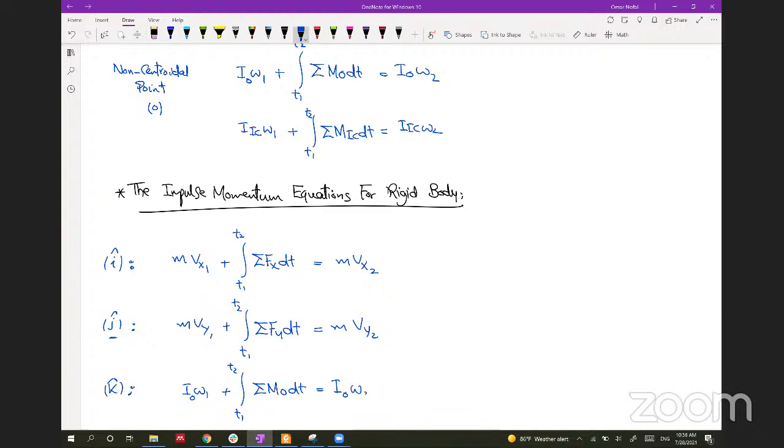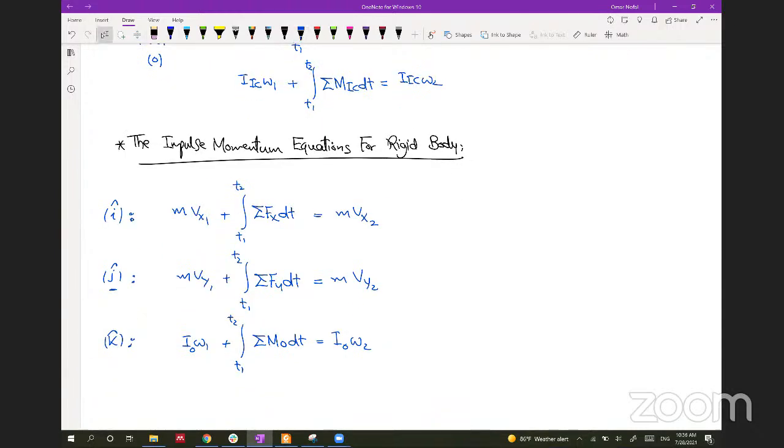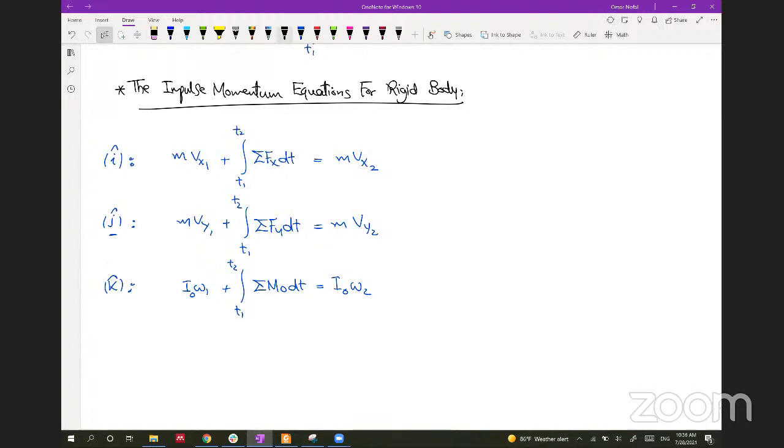So these are the three equations that we can use for impulse and momentum. Okay, let's solve a quick example on this concept.